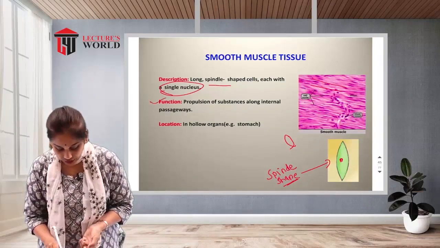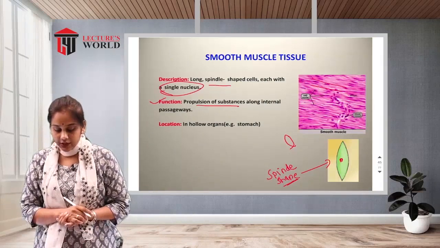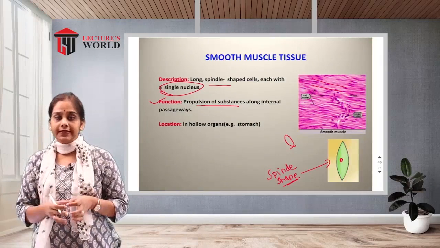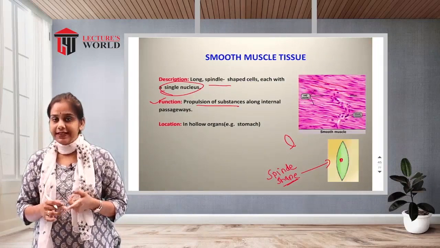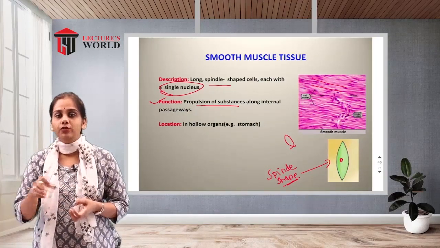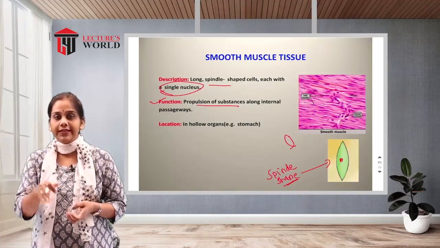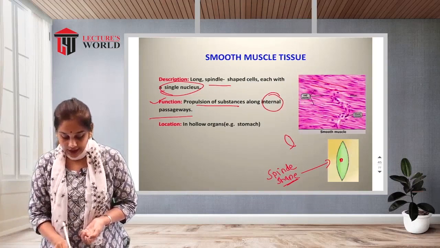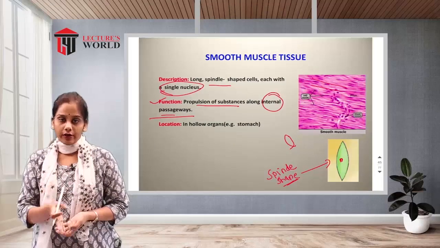What is the function? Propulsion of substances along internal passageways. In smooth muscle tissue the basic function is propulsion; it moves a particular substance over the surface of a body cavity, internal passageway, or the internal lining of an organ.